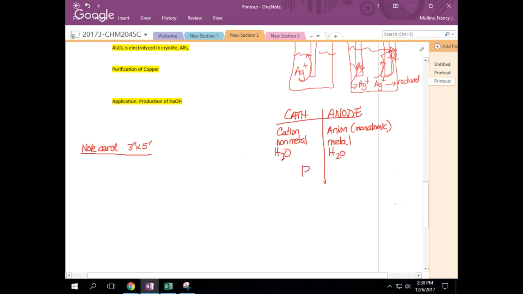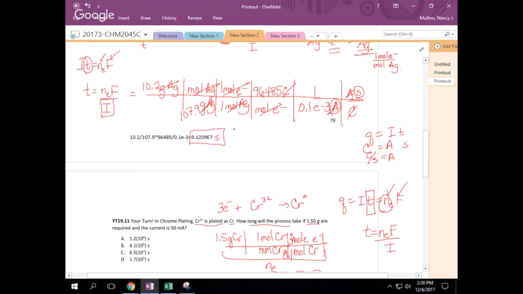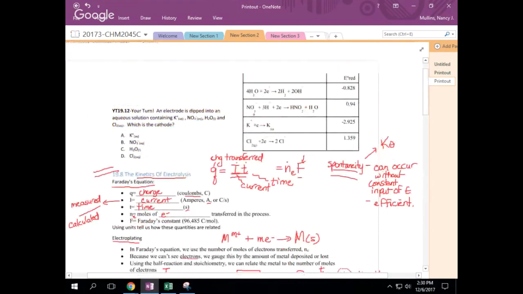If it's a polyatomic ion, polyatomic ions could be either. So you just need to see if it's on the list somewhere. Check it on the left, check it on the right, because polyatomic ions could be either. Some polyatomic ions are neither. But for example, nitrate, we saw in one of our examples, nitrate actually is a fairly good cathode. We saw that up here.